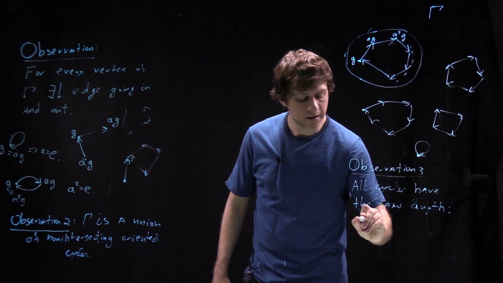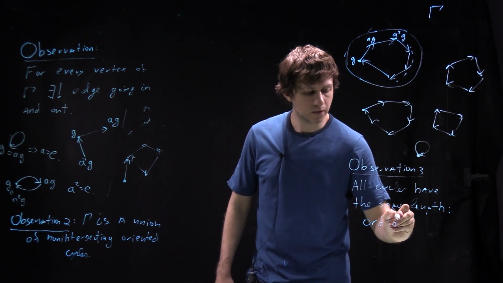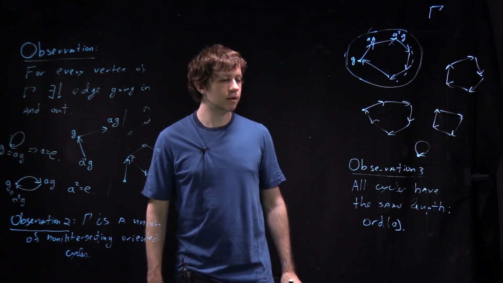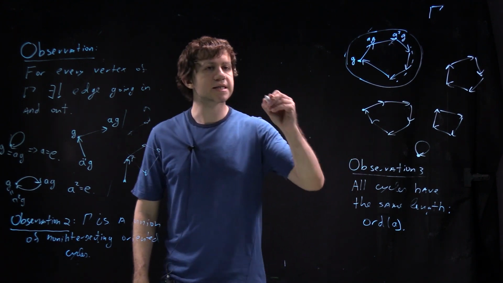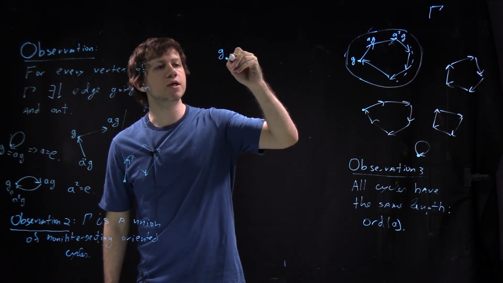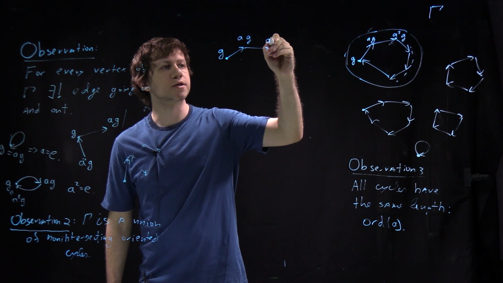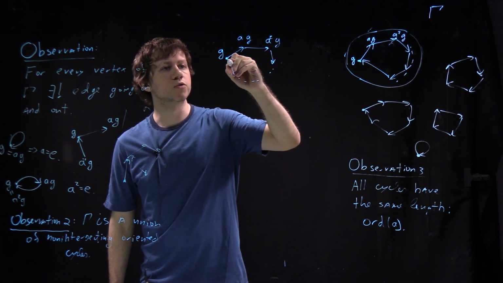And this length is just the order of A. This is really simple, but we again need some group theory. So let's take some cycle. It means we start with G, then we go to A times G, we go to A squared times G, and so on, until we go to G again.